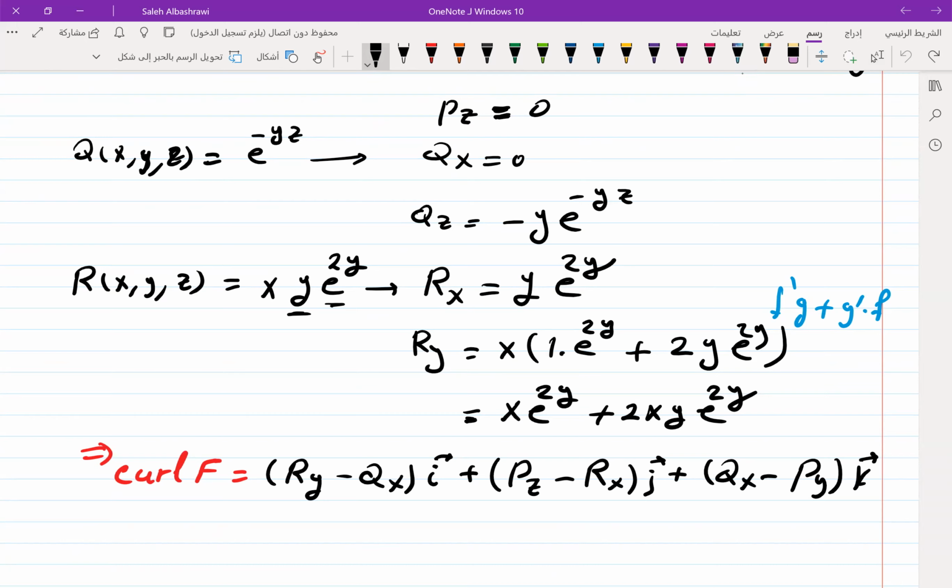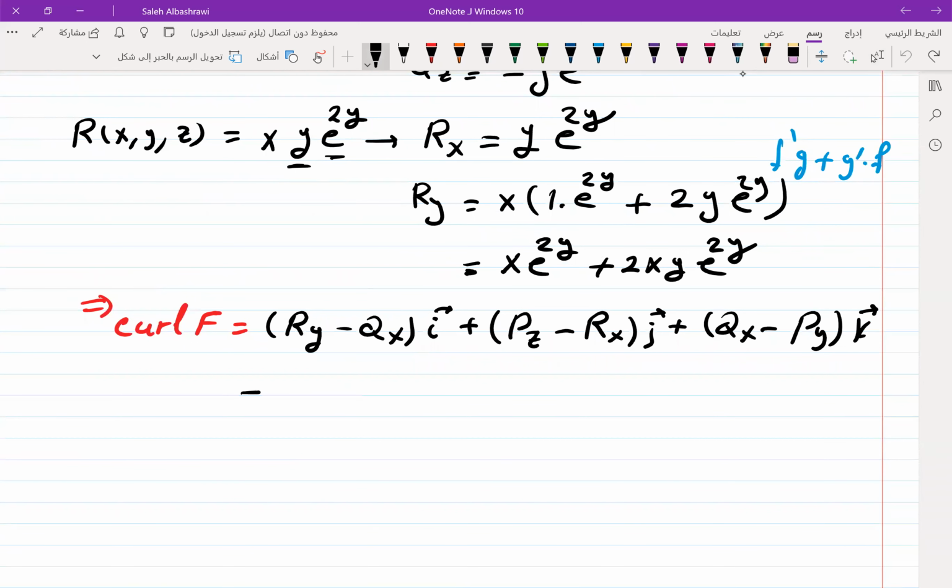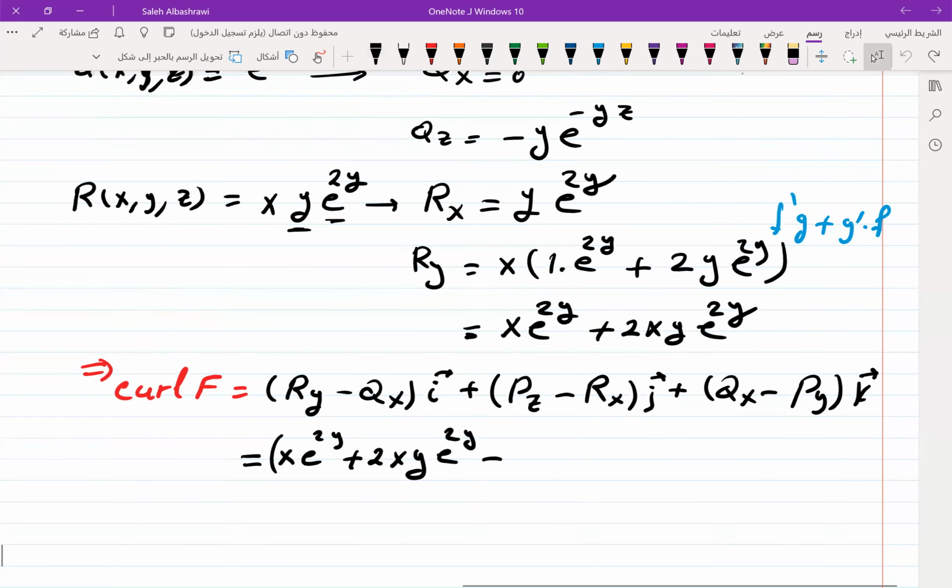Okay, this is equal to r sub y, which is x e to power 2y plus 2x y e to power 2y, minus q sub x, which is equal to 0.